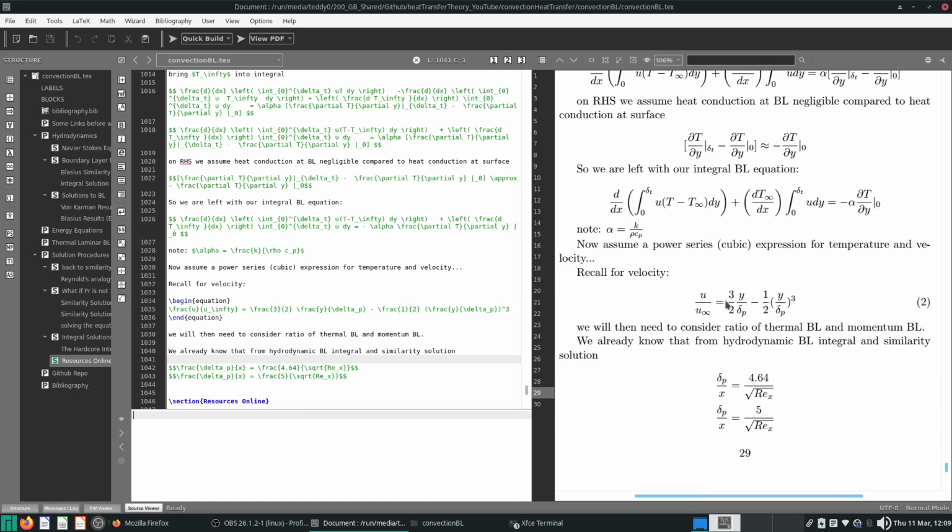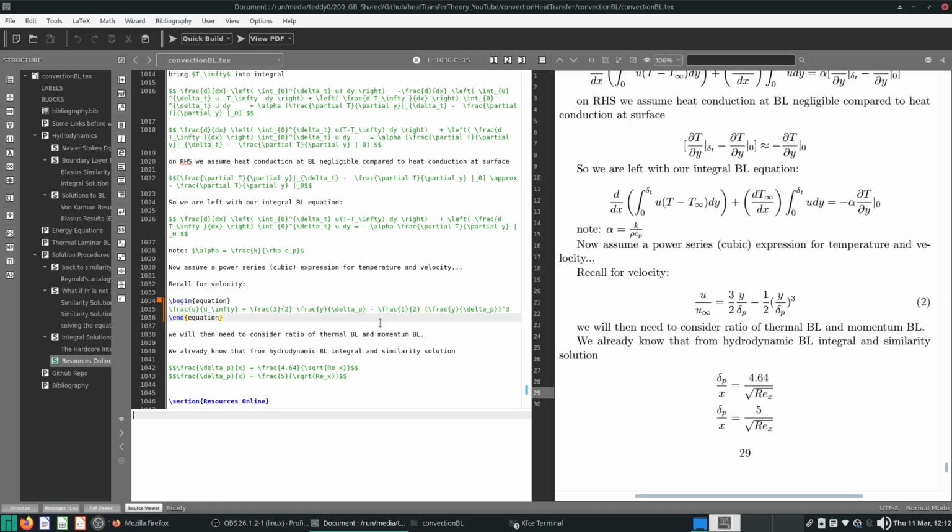A velocity profile would be of this form: u over u infinity equals 3 over 2 y over delta p minus half y over delta p cubed.